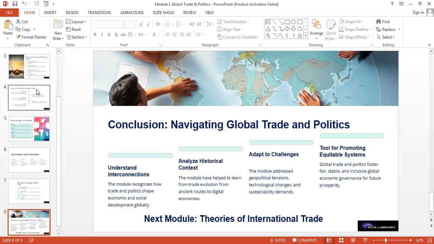It has also addressed geopolitical tensions, technological changes, and sustainability demands. However, global trade and politics have been seen to foster fair, stable, and inclusive global economic governance for future prosperity. We have the notes fully explained, and you can go through the notes.